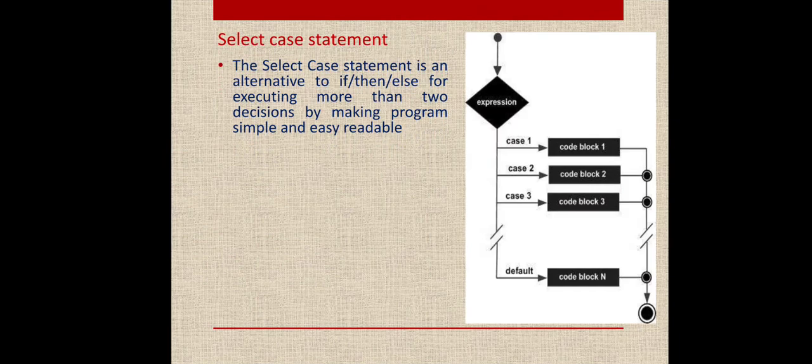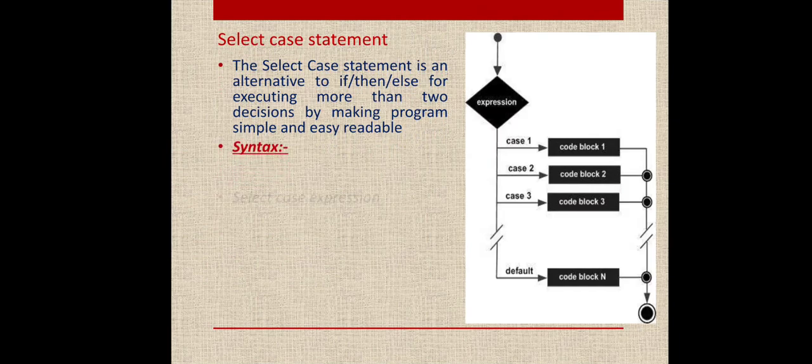So this is the syntax. First we write the expression, then we write the case, and the code belonging to that very case, that is the statement. If there is case 2, the statement code block, here meaning the statements of the respective cases, and finally we write the default. So this is the flowchart of this select case statement.